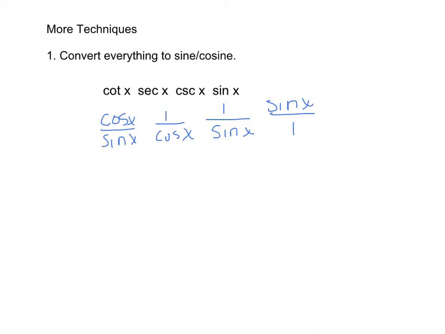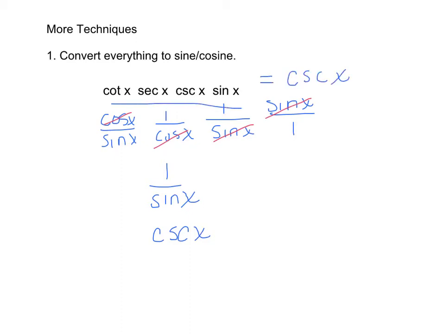And so I'm looking for forms of 1. The cosine, cosine, the sine, and the sine, forms of 1. I'm left with 1 over sine, which is cosecant. So this whole thing is cosecant x. In other words, this side can be made to look like this side.